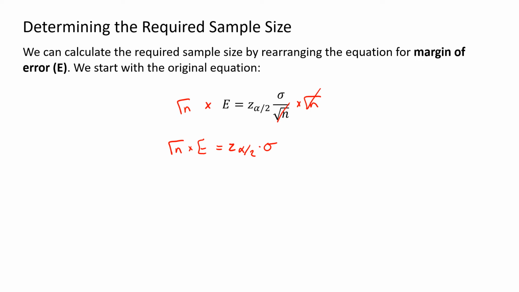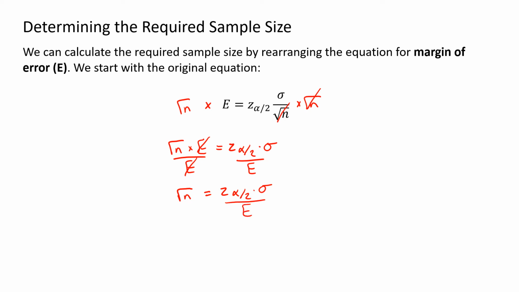Now I want just n on one side. I'm trying to solve for n. So I need to get rid of this e. I'm going to divide both sides by e, because that'll have an e in the numerator and the denominator on the left-hand side, so they'll cancel. And I'm left with just the root of n, which is equal to the z-score times sigma divided by our error.